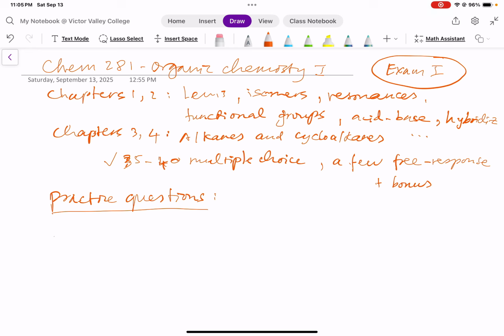Okay, number 1, name. Okay, so let's say we have a substituted alkane like this.